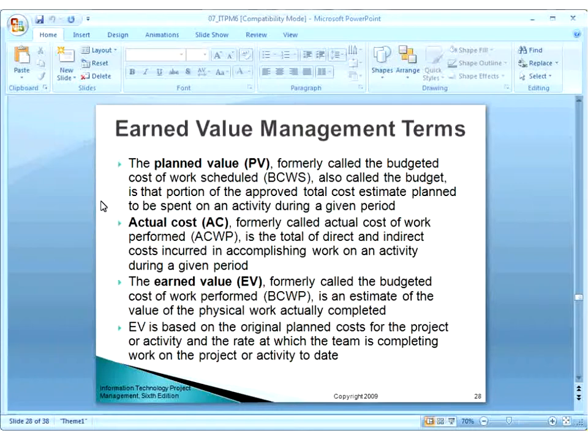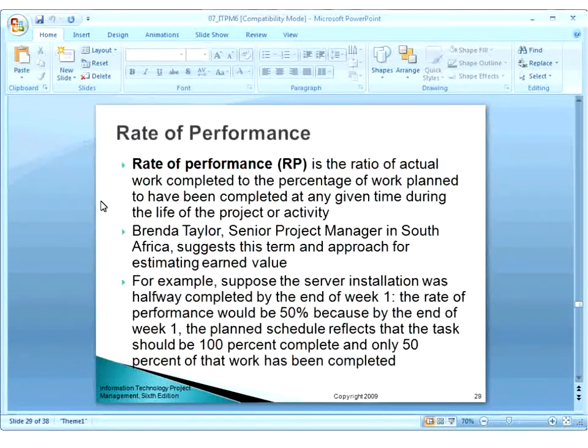Now, rate of performance is the ratio of actual work completed to the percentage of work planned to have been completed at a given time. Like you planned for 60% completion of work and only 40% of the work is completed, so the ratio of 40 to 60 will be your rate of performance.